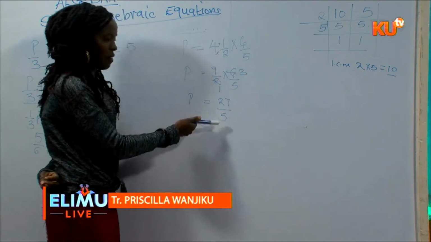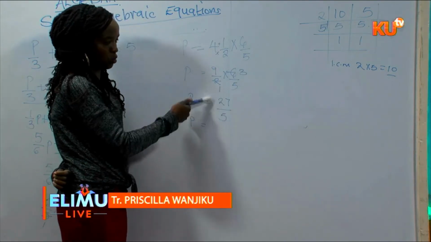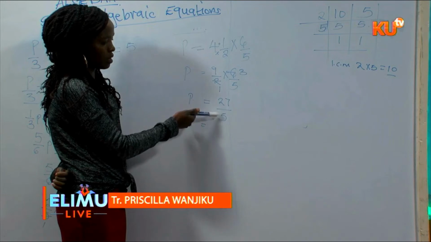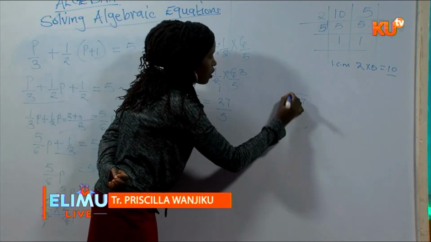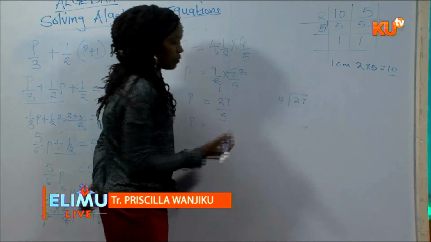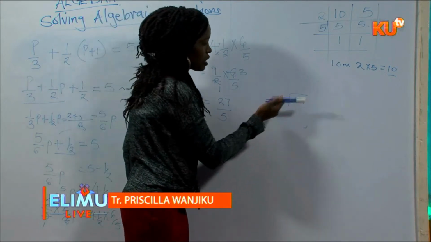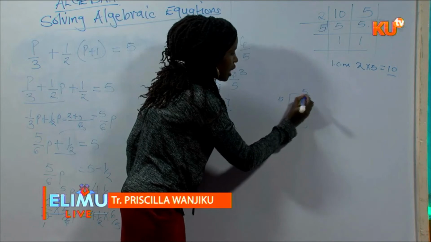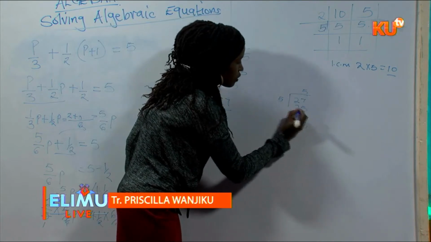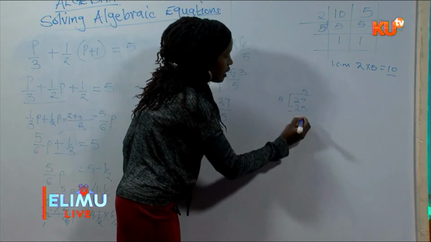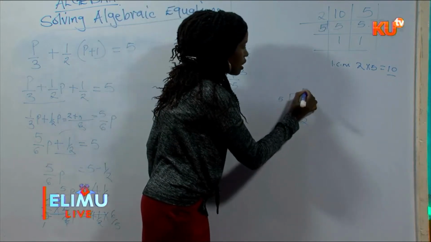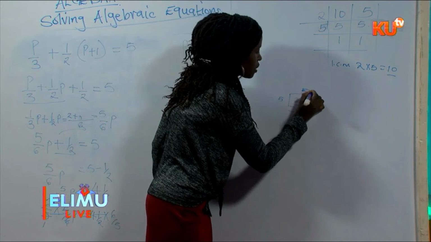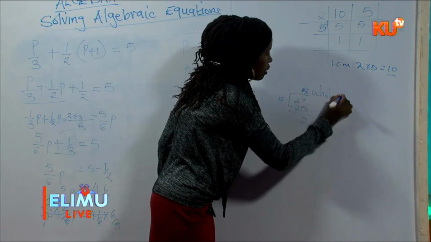So we can't leave our answer as an improper fraction. We have to change into a mixed fraction. So we'll take 27, we divide by 5. 5 will go to 27 5 times because of 25. I subtract, I get 2. So this number here becomes our whole number.